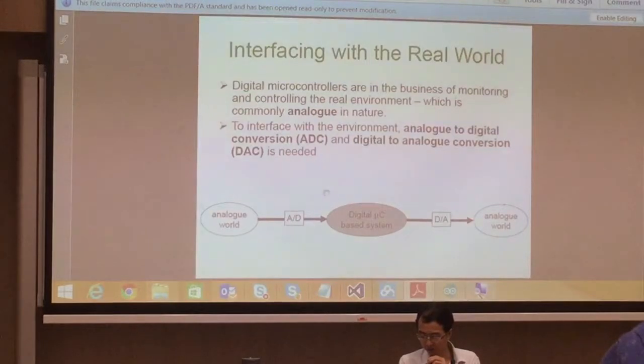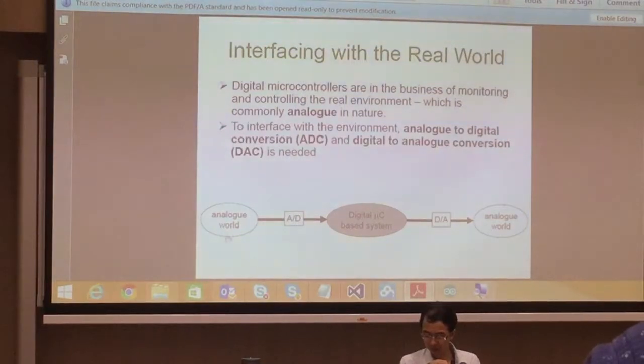That's why we want signal processing to be done in digital format. But the real world is analog. So for the input signal, we need to convert it to digital, and then we need a DAC to convert it back to analog.